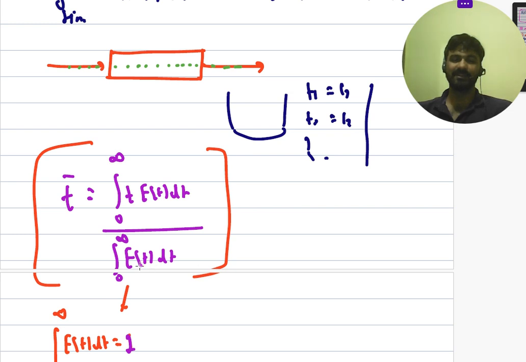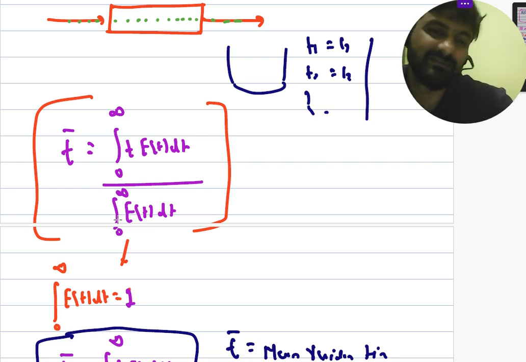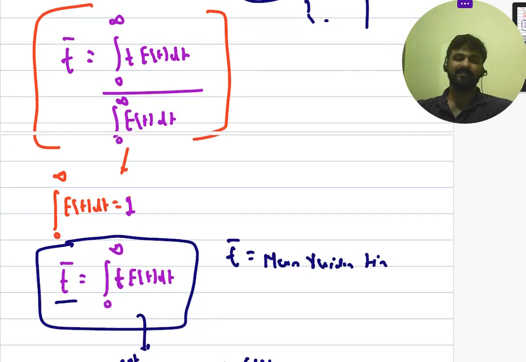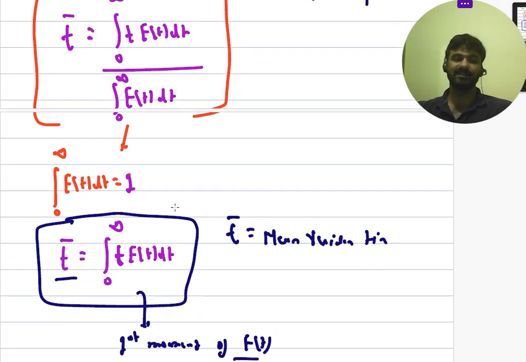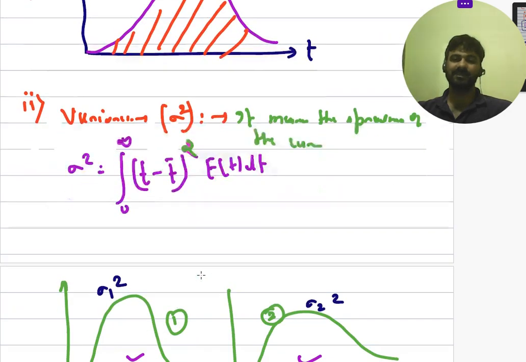The integral from 0 to infinity of E(t) dt equals 1, because the area under the E(t) versus time curve equals 1. And from here you get the formula for the mean residence time: t bar equals the integral from 0 to infinity of t E(t) dt. Is that clear? So if you have a plot of t E(t) versus time, and you calculate the area under it, it will give you the mean residence time.